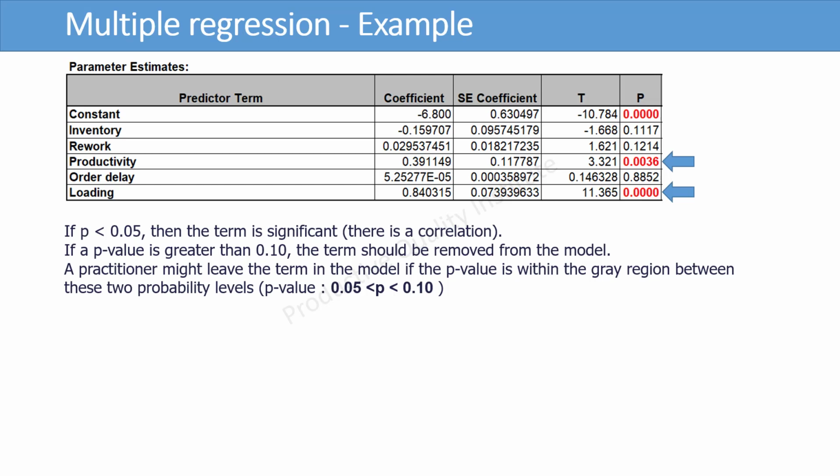If a p-value is greater than 0.10, the term should be removed from the model. A practitioner might leave the term in the model if the p-value is within the gray region between these two probability levels: P-value is greater than 0.05 and less than 0.10.